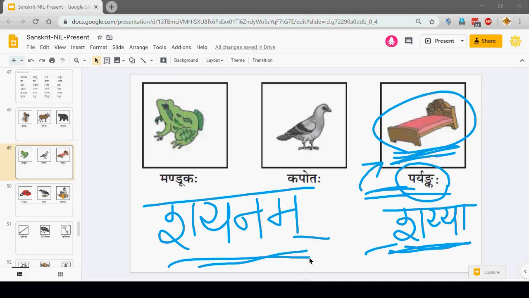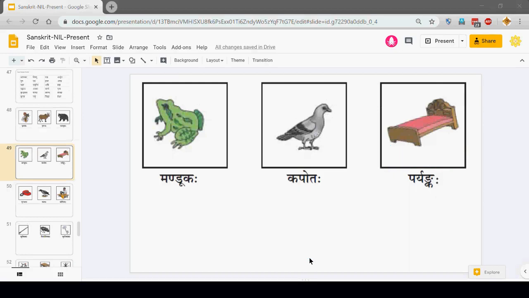So this has to be very clearly understood in the Sanskrit language. Unlike in many other languages, where the words which refer to a non-living object are usually neuter gender, in a few languages the concept is the same as Sanskrit.